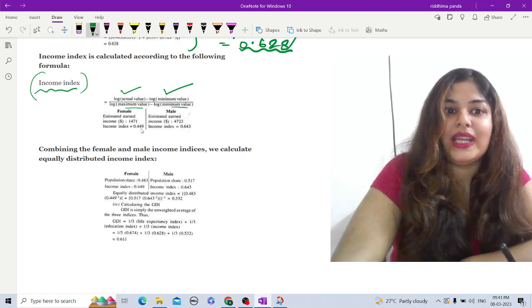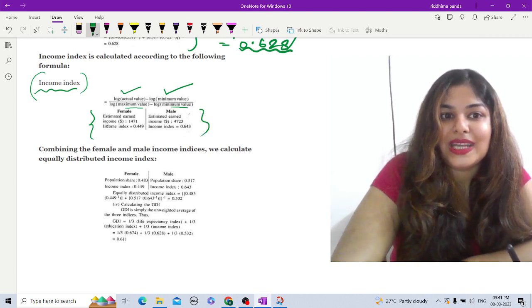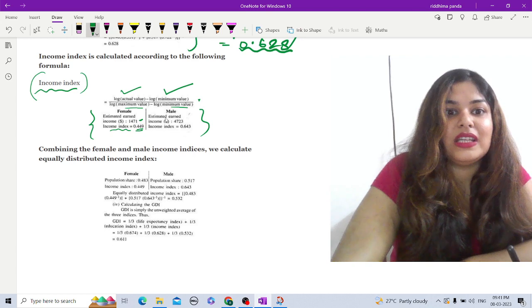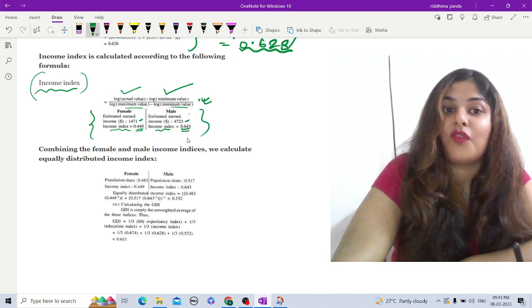So now after calculating it, we have the following data. For females, the estimated income is this much, and using this formula, the income index for female is 0.049. Again, the estimated income earned for male is this. So using the same formula, the income index is 0.643.